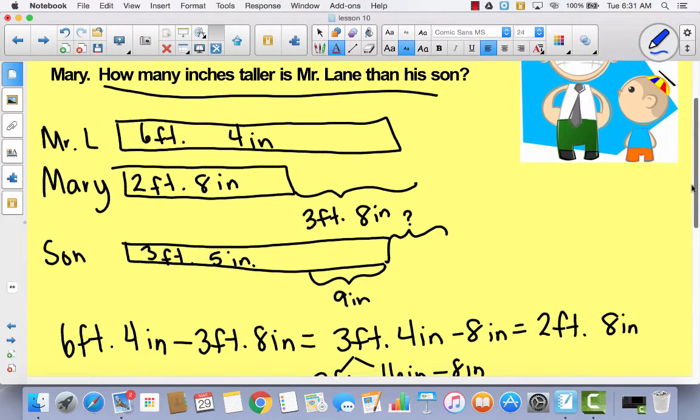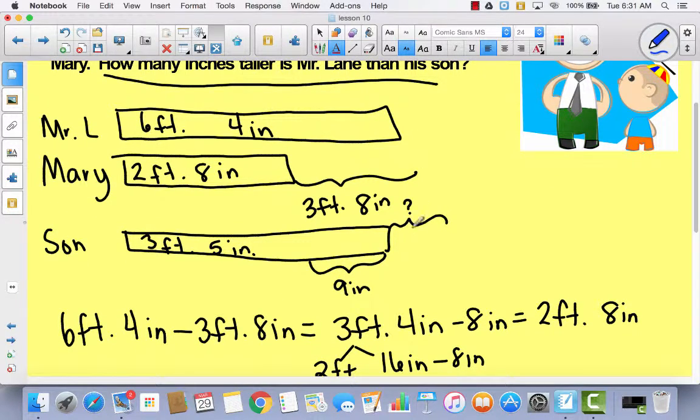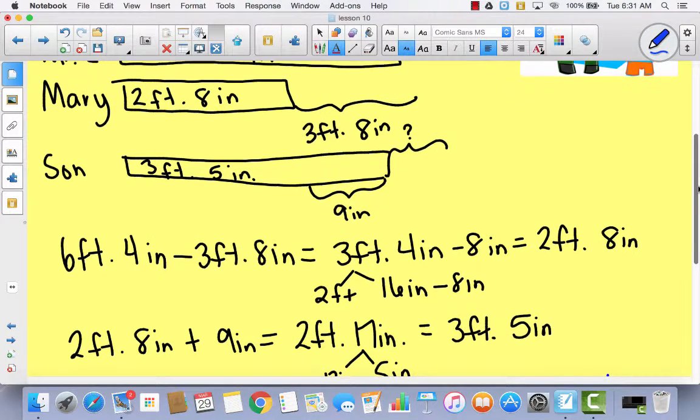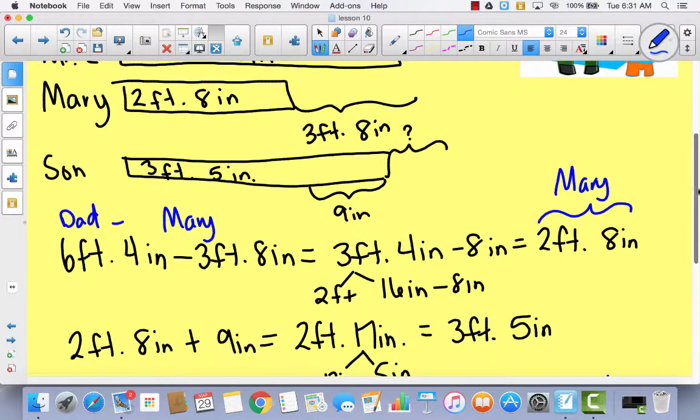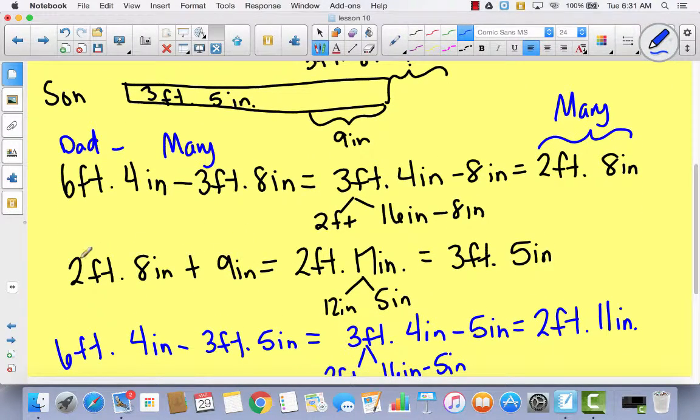Now to find how much taller Mr. Lane was than the son, I had to subtract their 2 heights. So down here is my work. This is where I took Dad minus Mary's height, and then I figured out how tall Mary was. And then I took Mary's height and I added 9 inches, and this is how tall the son was.